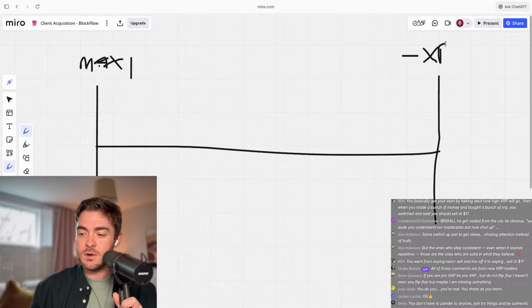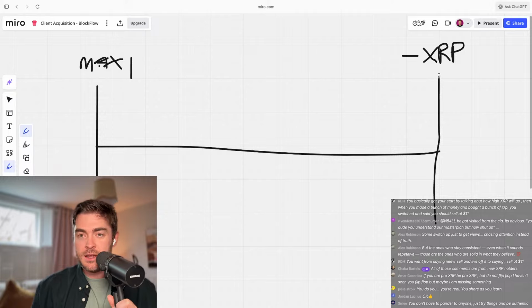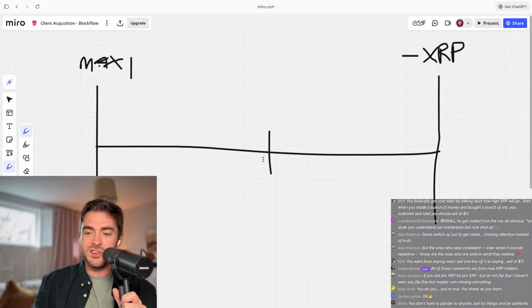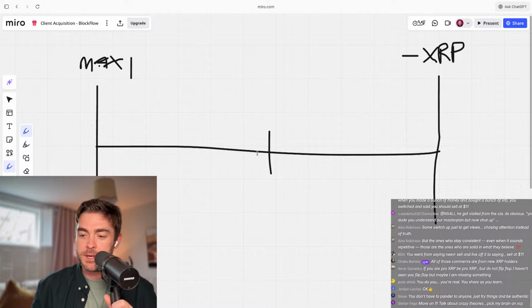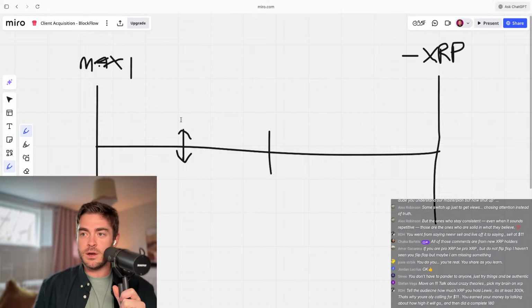This is what I would say: if you go from XRP Maxi, then you go to completely against XRP, that is the definition of a flip-flop. Here is center. Here is neutral. This is where you're neither here or there for XRP. I would say I'm like here. This is me. I have 80% of my portfolio in XRP and 98% of my entire net worth in crypto.